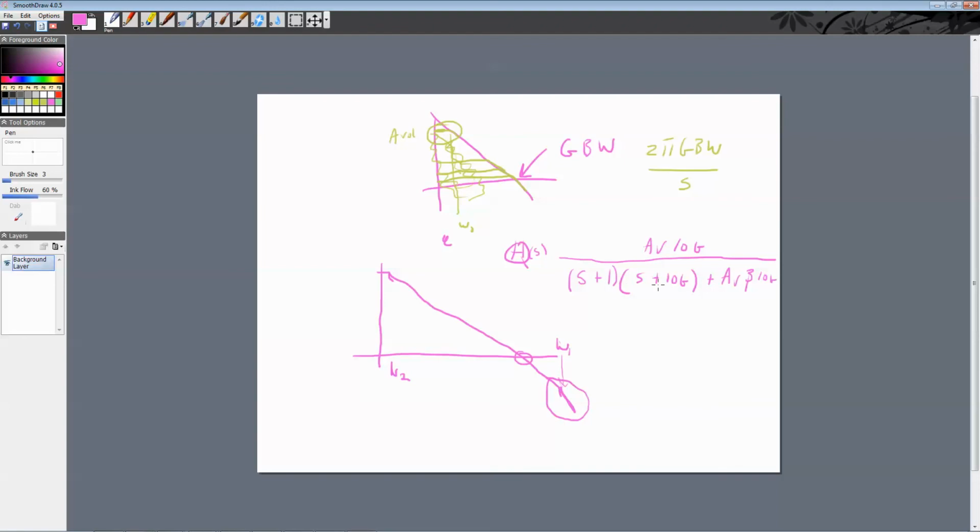When I add this part, here were my 2 real roots, but this is adding, making the C of the quadratic equation. This plus 10G is the C. The bigger this is, the more likely it'll be underdamped.